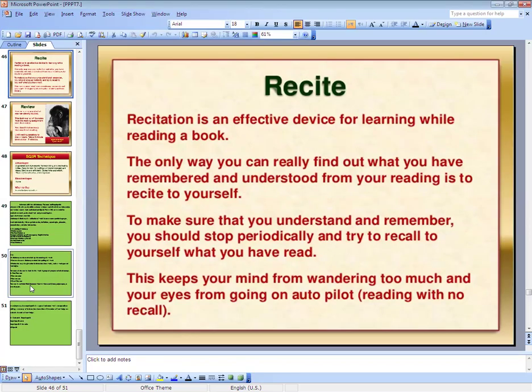So here, make sure that you understand and remember; stop periodically and try to recall it. Don't go on reading again and again. Once you read it, stop and just try to recall, remember what you have read, what you have understood. So this keeps your mind from wandering too much and your eyes from going on from the point.